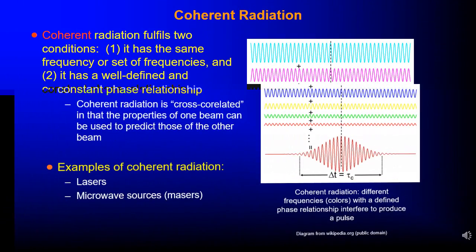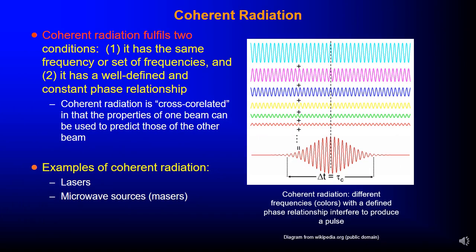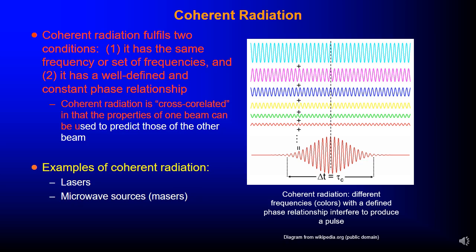Then we have coherent radiation. Coherent radiation fulfills two conditions. It has the same frequency or set of frequencies, and it has a well-defined and constant phase relationship. Coherent radiation is cross-correlated in that the properties of one beam can be used to predict those of other beams.